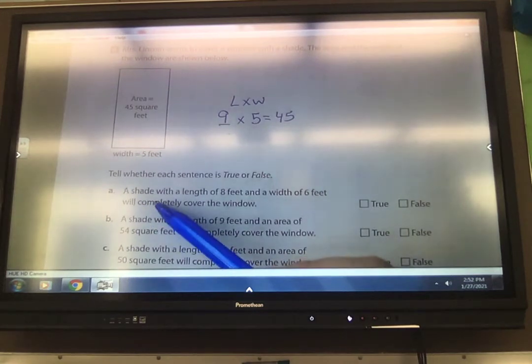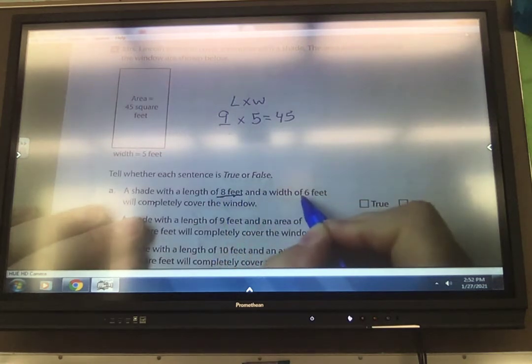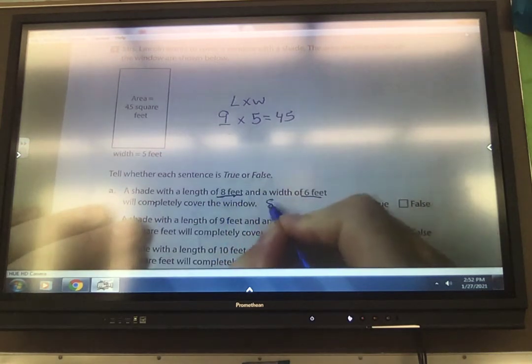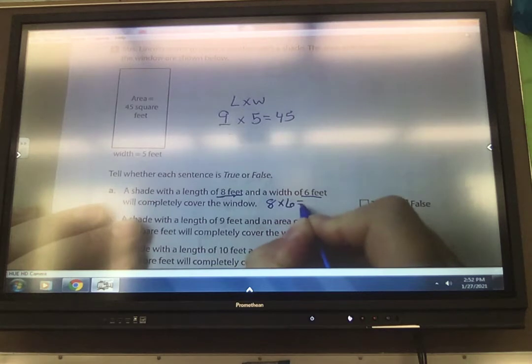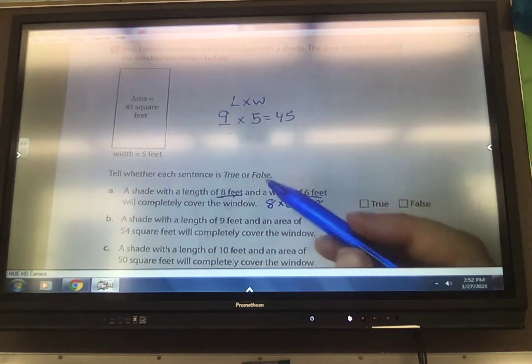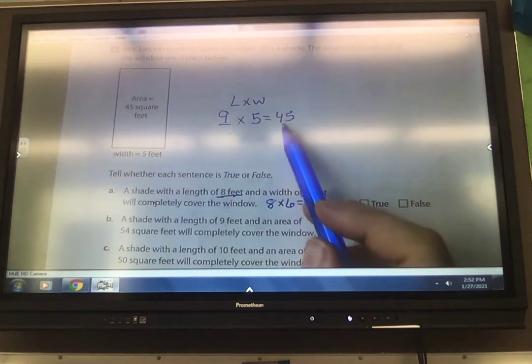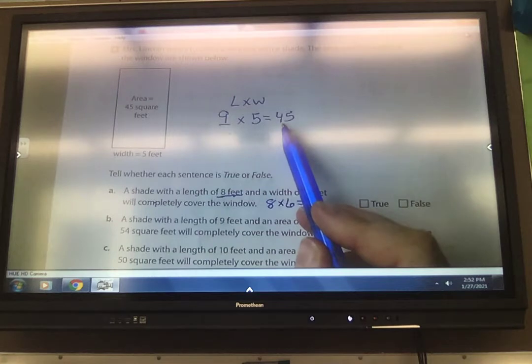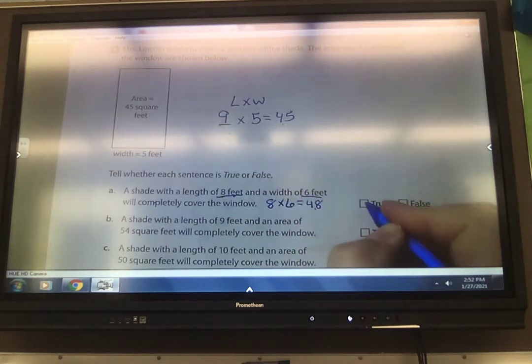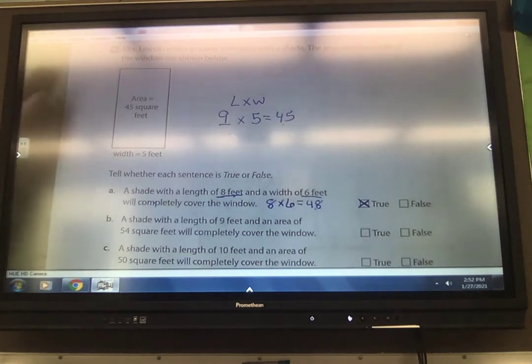A shade with a length of 8 and a width of 6. 8 times 6 is only 48. Is a shade that is 48 going to cover an area of 45? Yes, because 48 is more than 45, so that is true.